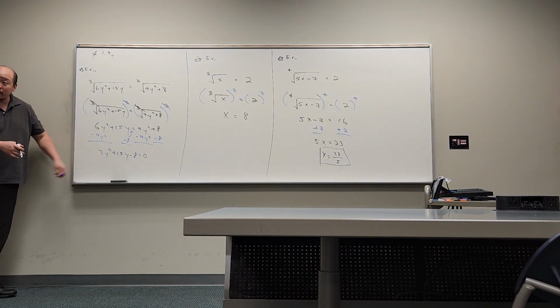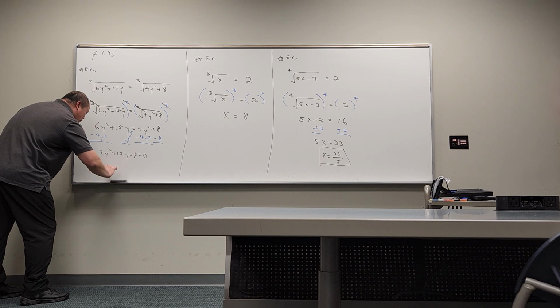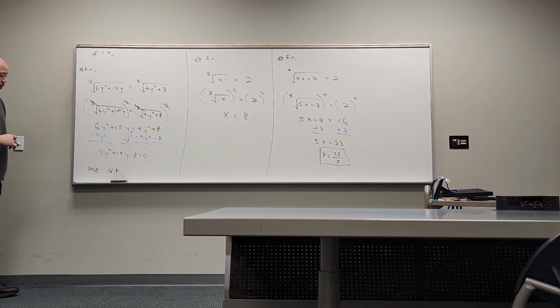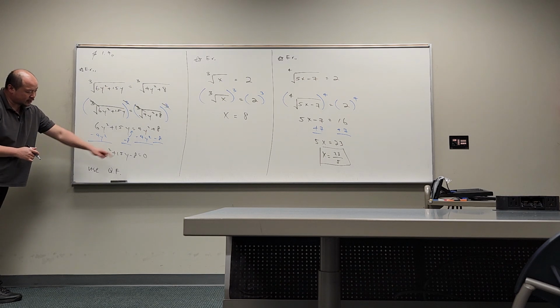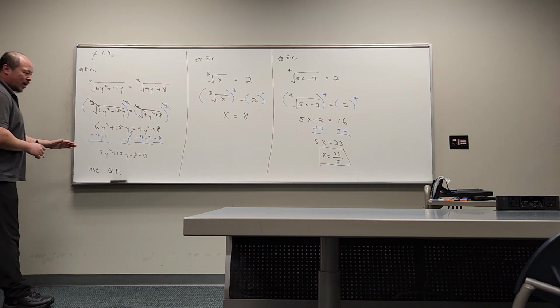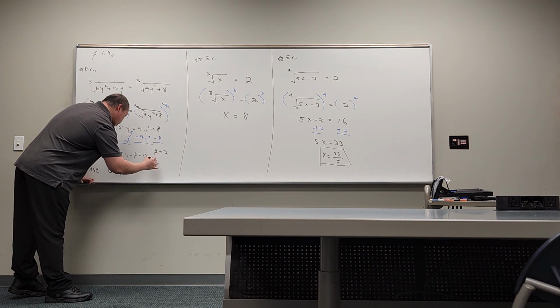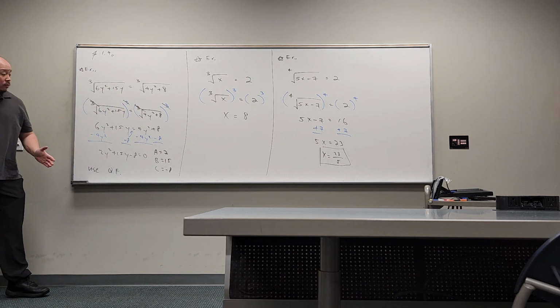And this one is more tricky because once you get to the end, you have to use the quadratic formula. That's it: A, B, and C. We can put it into the formula and get it done, but I'm just going to leave it up here for now. In this case, A is 2, B is 15, C is -8. Just put that into the quadratic formula.